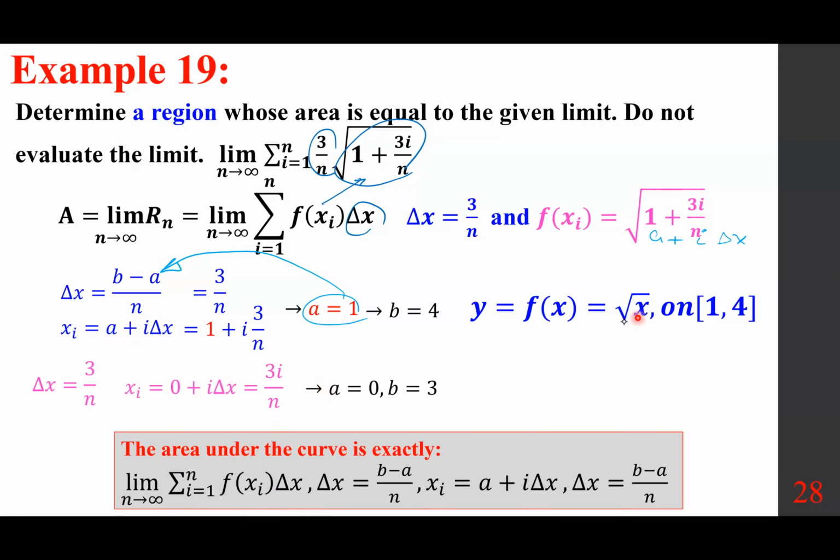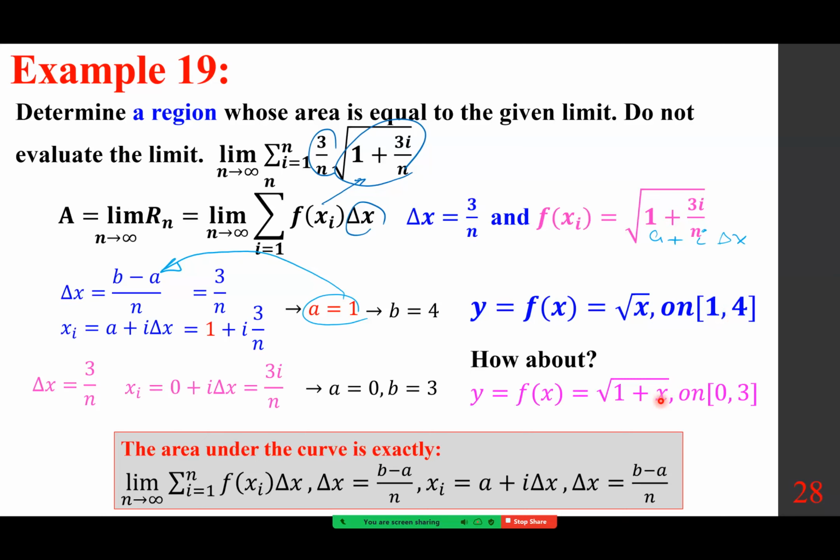Then what happens to the function? It becomes square root of 1 plus x. What about the a and b? 0, 3. So you can check that these two are identical: square root of x on the interval 1 to 4, or square root of 1 plus x on the interval 0 to 3. You can look at this with more details later on to see that that would be the case.